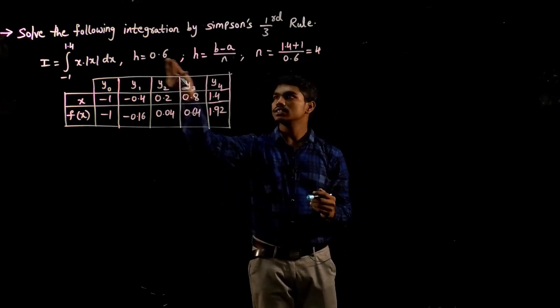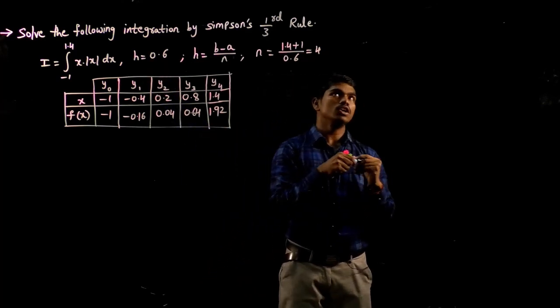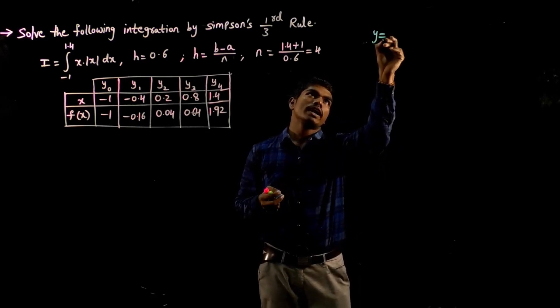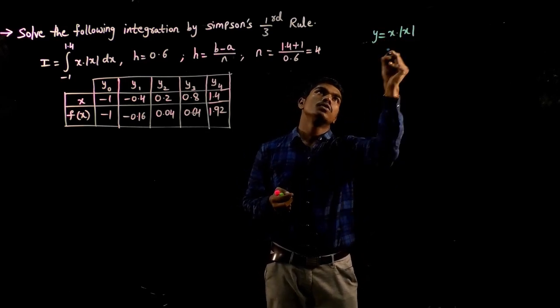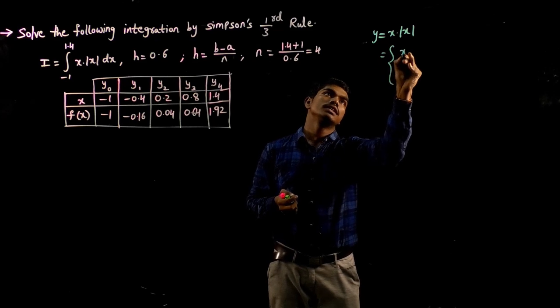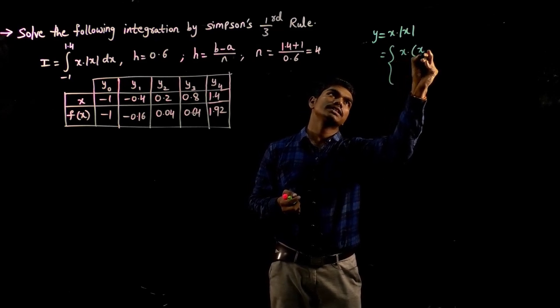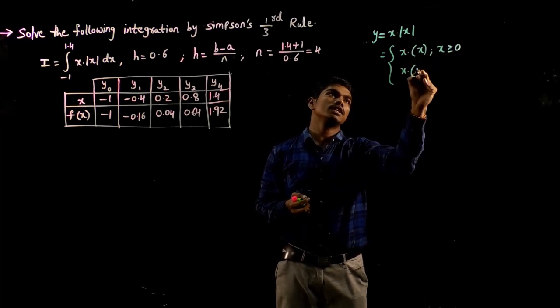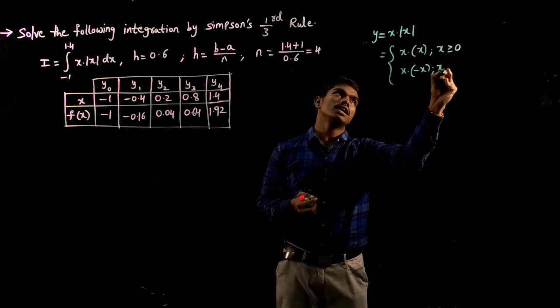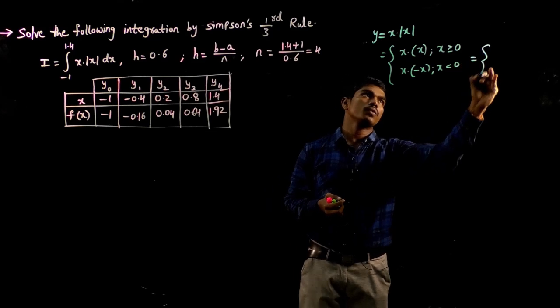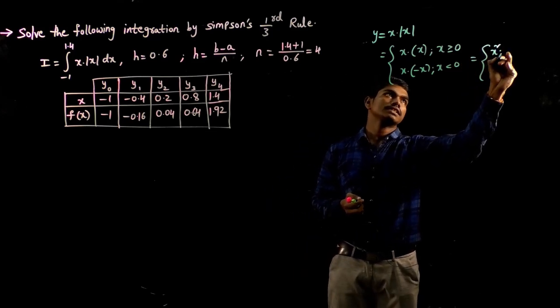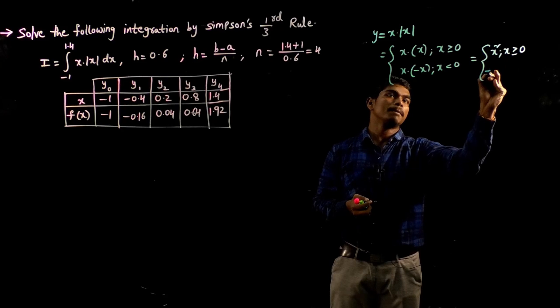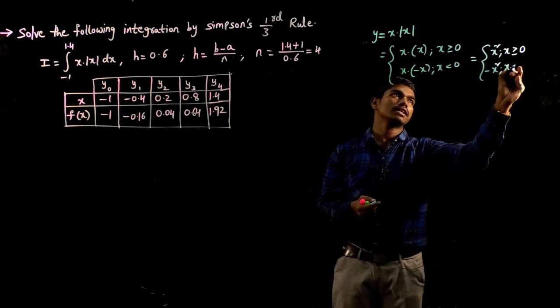Now if you look at this function x into mod x, suppose y is equal to x into mod x. We know that this is x when x is greater than or equal to 0, and minus x when x is less than 0, which is equal to x square for x greater than or equal to 0 and minus x square for x less than 0.